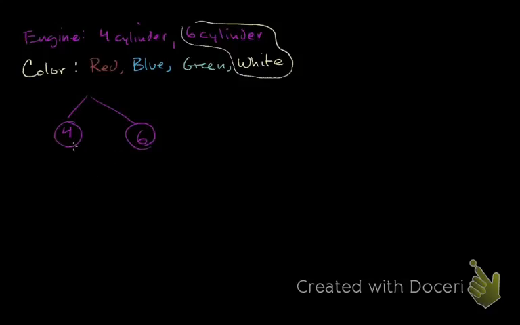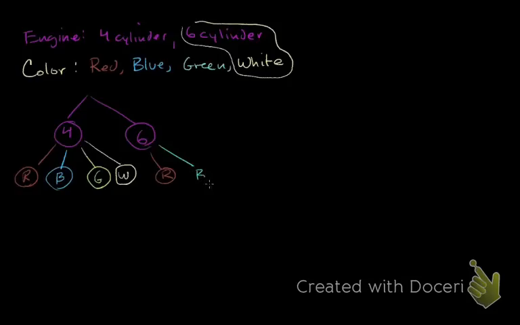Now, if you got a four-cylinder engine, you're either going to get red, blue, green, or white. And if you've got a six-cylinder engine, once again, you're either going to get red, blue, green, or white.